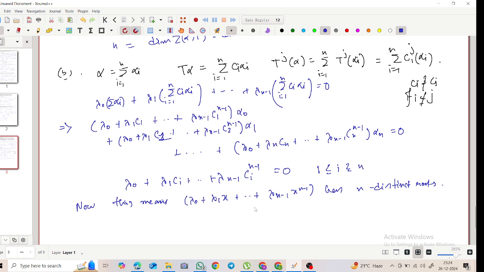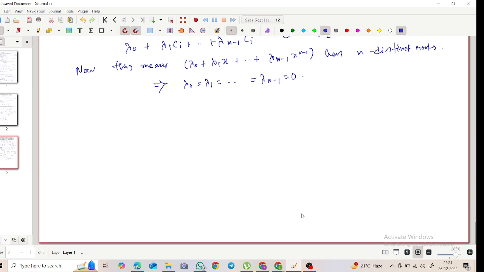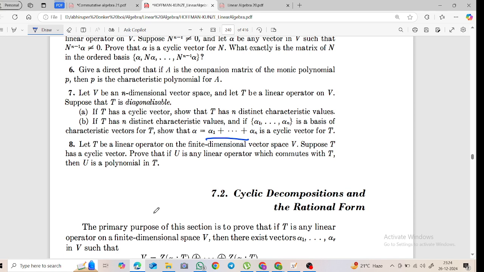But this is a polynomial of degree n minus 1, right? This means this is the 0 polynomial, so all lambda i equal 0. Okay, so they are all linearly independent. So let's do 8 and that will be it for today's class.